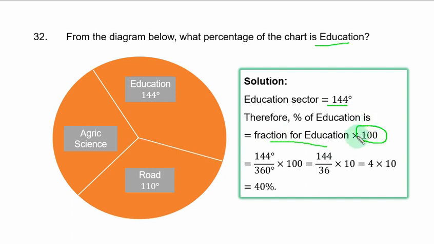That fraction is simply sectorial angle for education, 144 degrees, over total angles, 360 degrees, times 100%. That simplifies to this, and you have 40%.